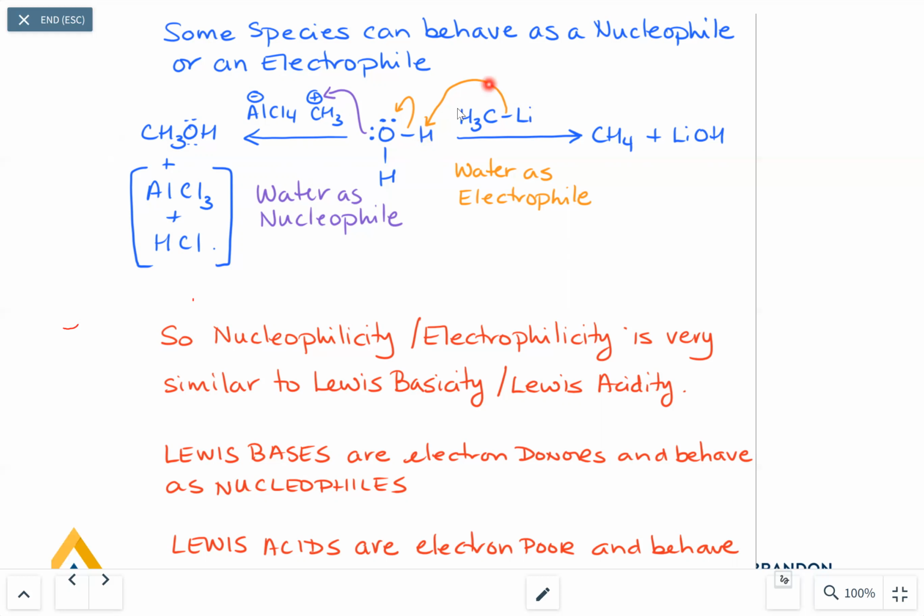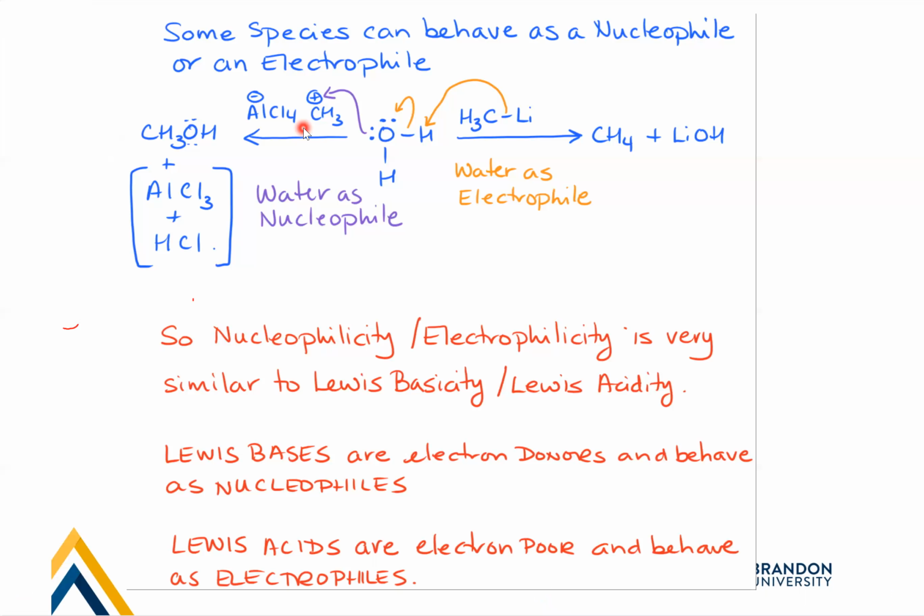So if you put methyl lithium in with it, remember carbon with the minus, it's going to grab that proton as fast as can be. In this example, water would be acting as an electrophile. Or if it's attacking, say, a carbocation, water would be the nucleophile because it's using its lone pairs to attack that electron poor carbon. So some species can be both, but it depends what it's paired with.